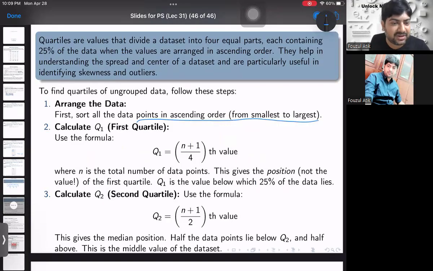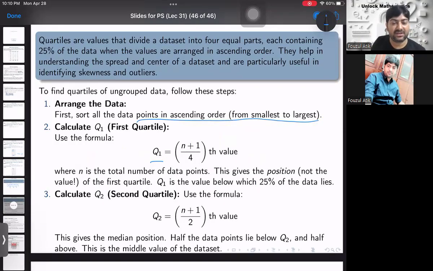Then what is the formula for Q1? Q1 is equal to the (n plus 1) by 4th value. We are talking about ungrouped data, where n is the number of data points. You take n plus 1 divided by 4, and that position in the data gives you the Q1 value.